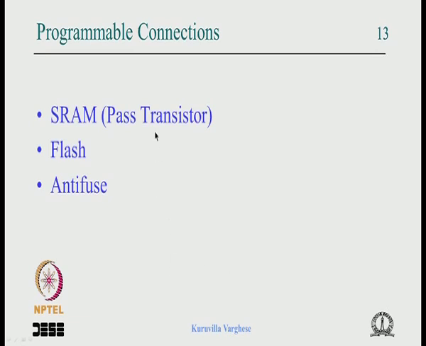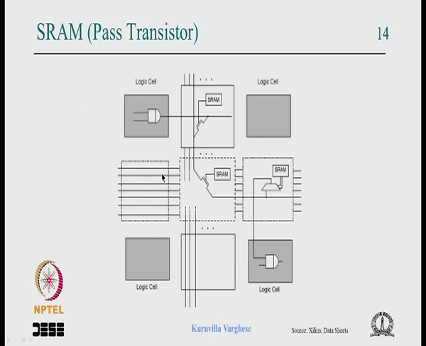The programmable technologies are SRAM, flash and antifuse. We said that SRAM basically uses an NMOS transistor for interconnecting two wires. If the gate is 1 it makes a connection, and if the gate is 0 it cuts off the connection.